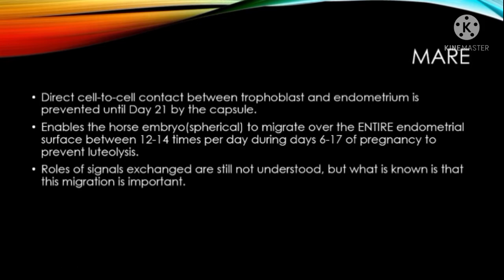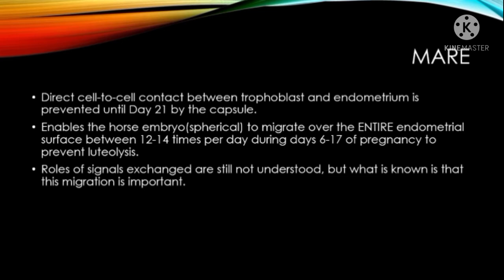In mares, however, it is very different because direct cell-to-cell contact between the trophoblast and the endometrium is prevented until day 21 by a capsule. This enables the horse embryo, which, as we recall from the first chapter, is spherical, to migrate over the entire endometrial surface 12 to 14 times per day during days 6 to 17 of pregnancy to prevent luteolysis.